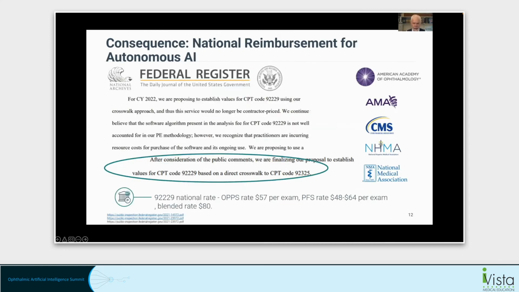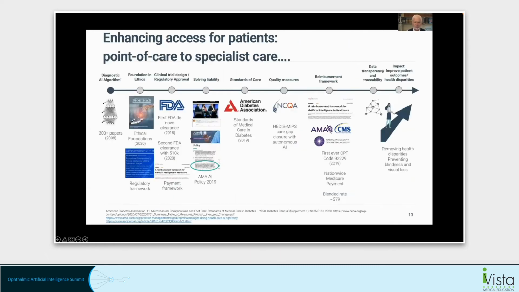And then finally, a very important movement, thanks to the support from the American Medical Association, especially the American Academy of Ophthalmology, but also the National Hispanic Medical Association and National Medical Association, all working together to create this national payment for CPT code 92229 at a rate that makes sense from a business perspective for an AI creator, and in a blended rate, what we see given private payers of about $79 to $80.